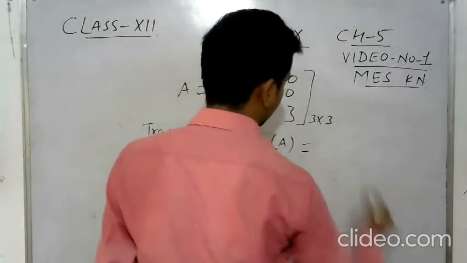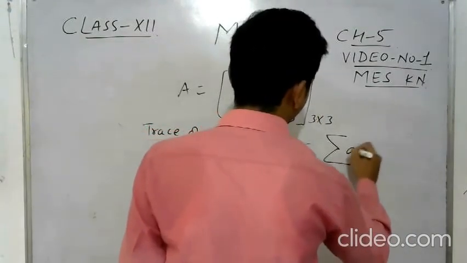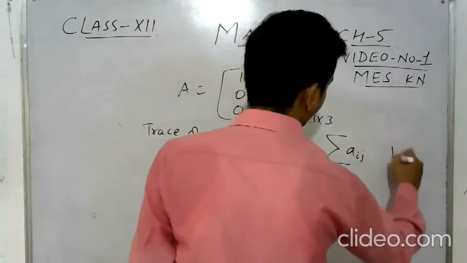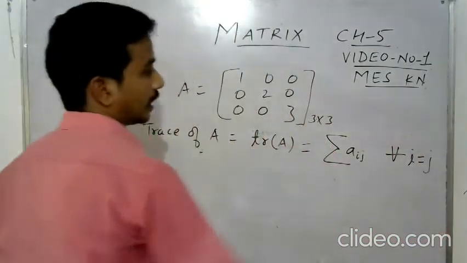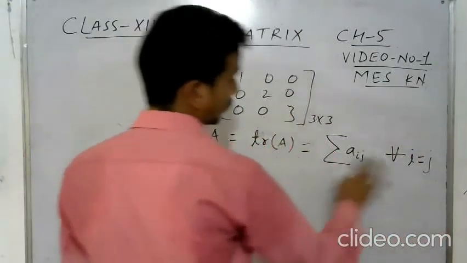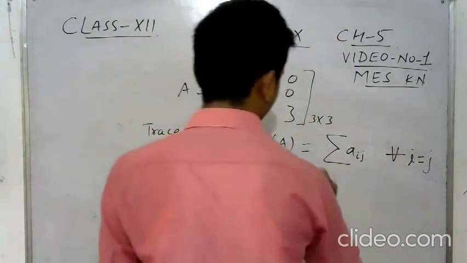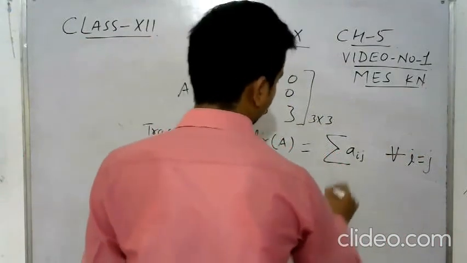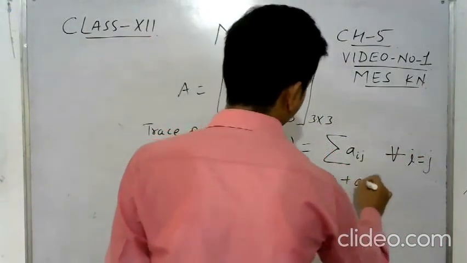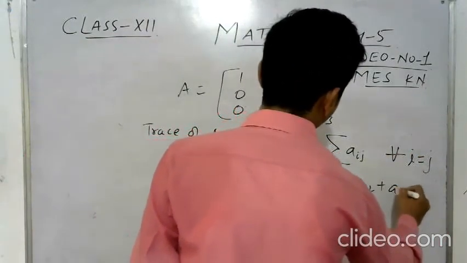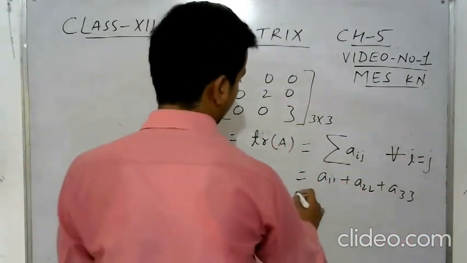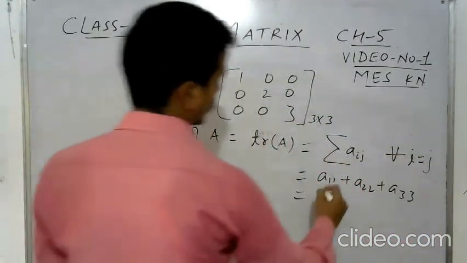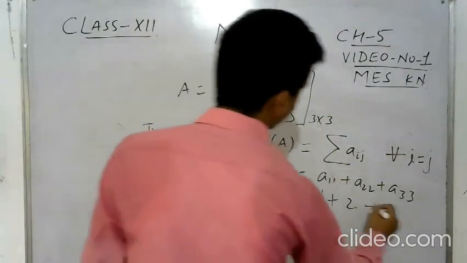You can write it as A11 plus A22 plus A33 and so on up to Ann. So A11 is 1, plus 2, plus 3.